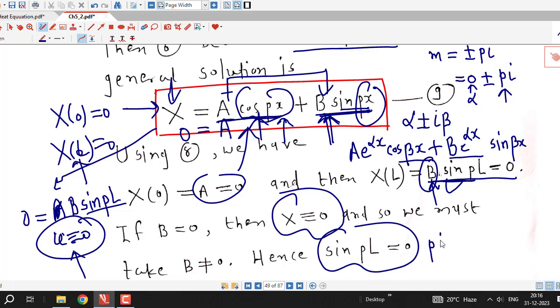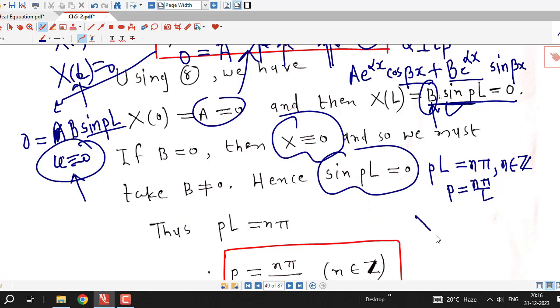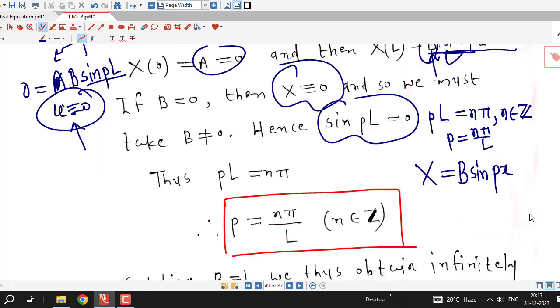And the values of p into L, for which sin pL is 0, are integer multiples of pi, n belongs to Z, and this will give me p equal to n pi divided by L. So I have to write this solution as X equal to B into sin px, and p is n pi over L. So I have n pi x divided by L, and we will have infinitely many values of capital X.